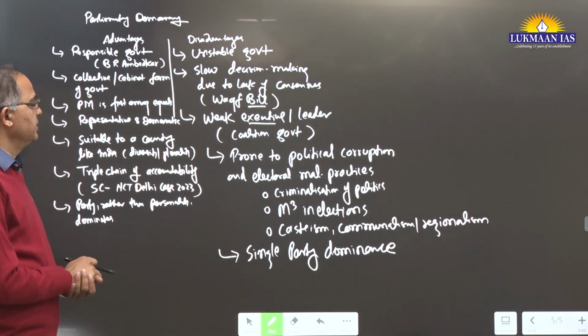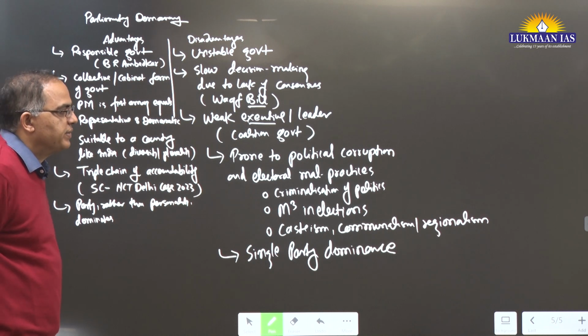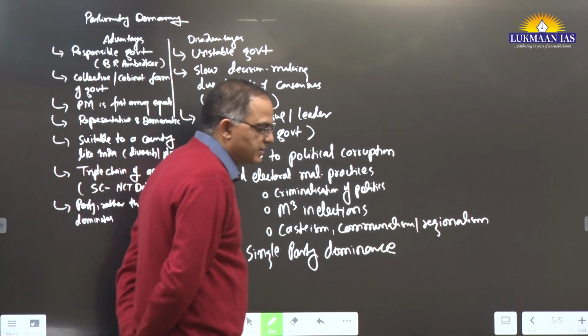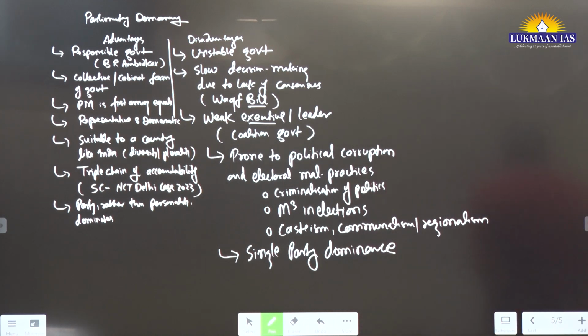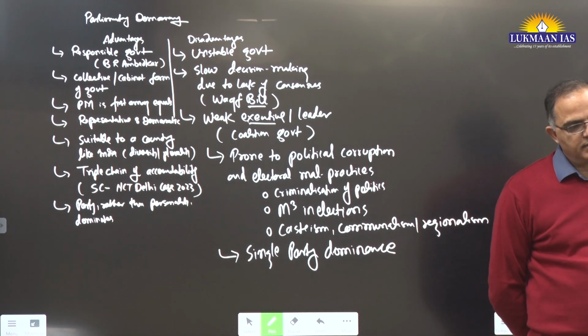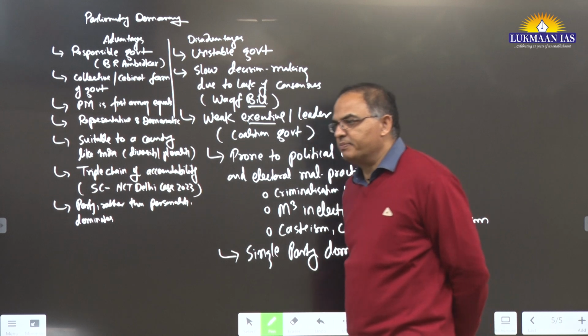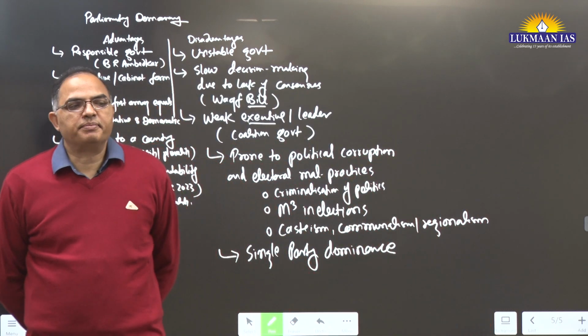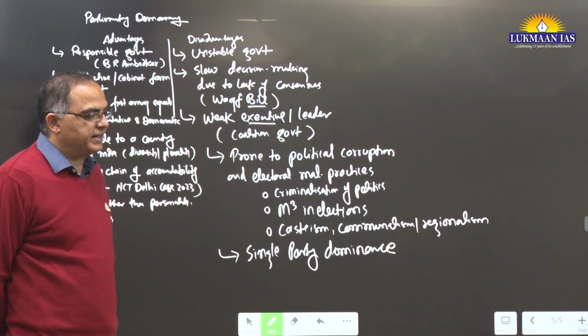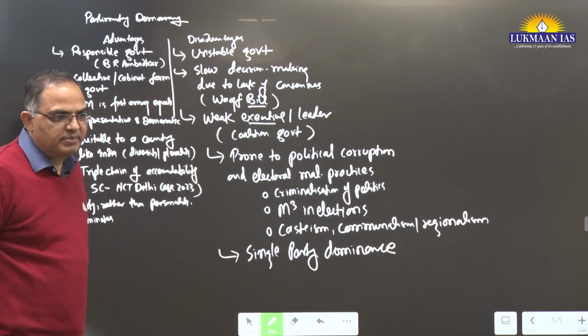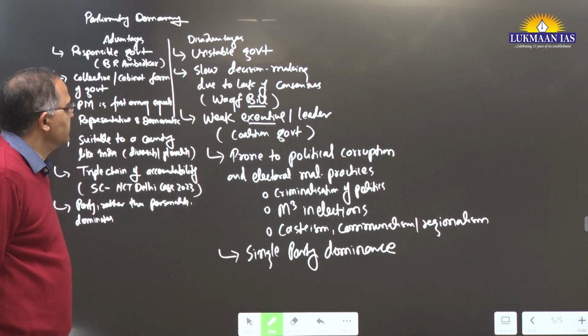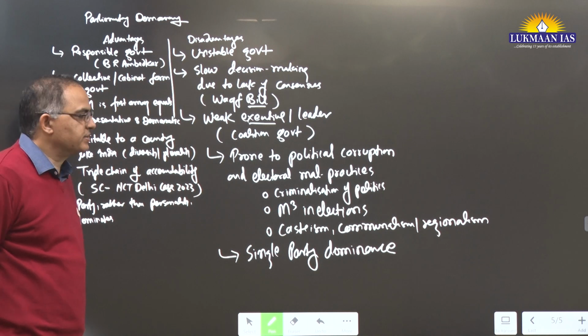M3 is a popular, infamous term for muscle, media, and money in elections. Yes, muscle power, media, and money. We say M3. Basically, you should know that it will become an unstable government. There is slow decision making, lack of consensus.